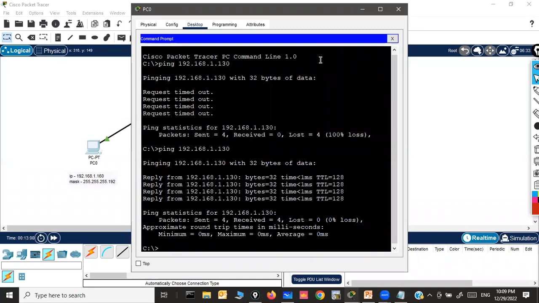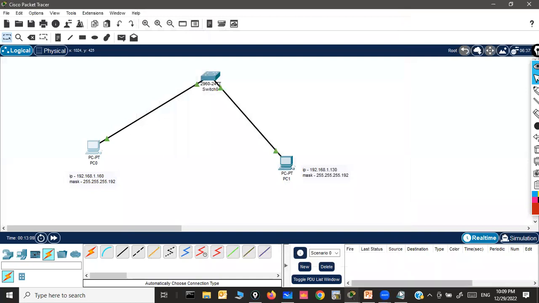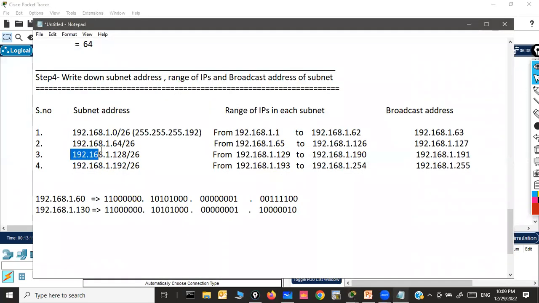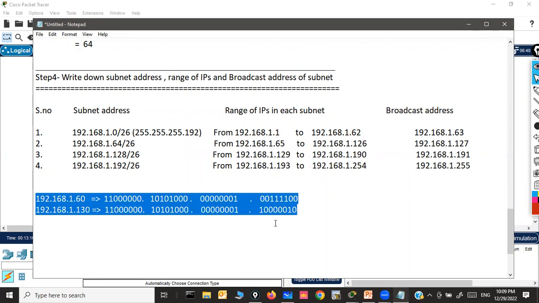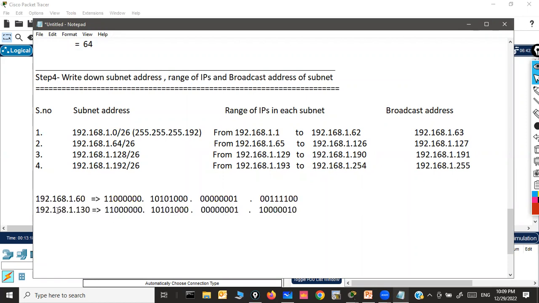So we have done verification using Packet Tracer, and also from this table, multiple ways. I even showed you another method: if we convert decimal into binary, we can match 24 bits. If the 24 bits are identical, matching, it is the same network. Not matching, different network. Same networks will communicate, different networks will not.